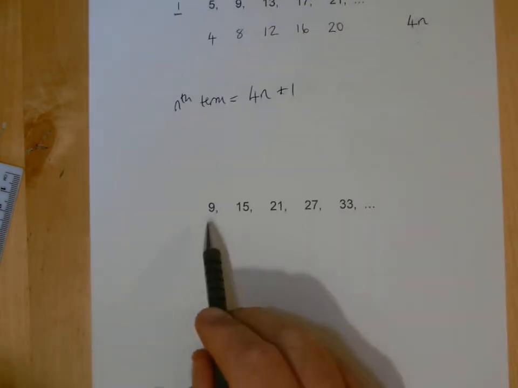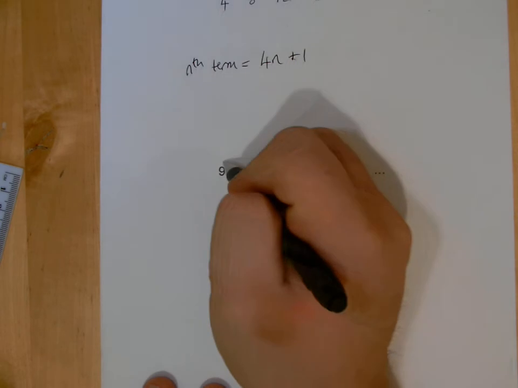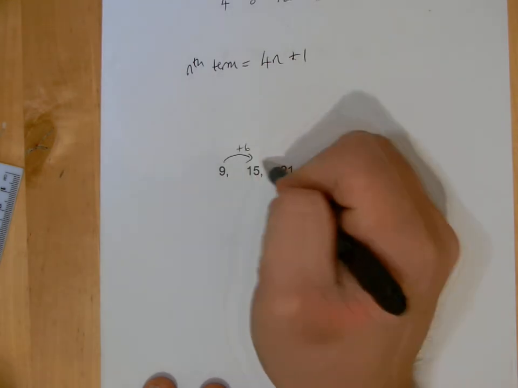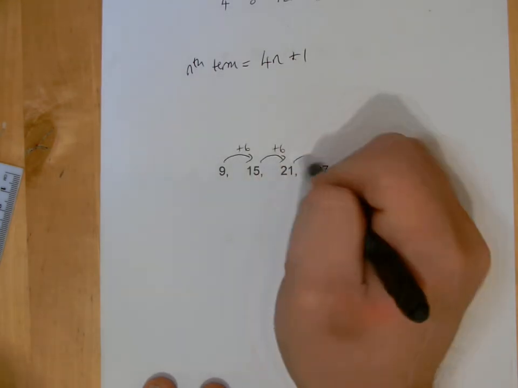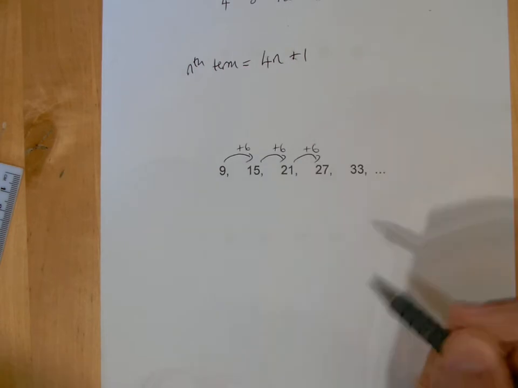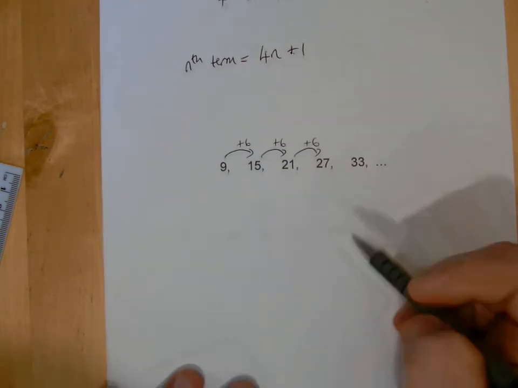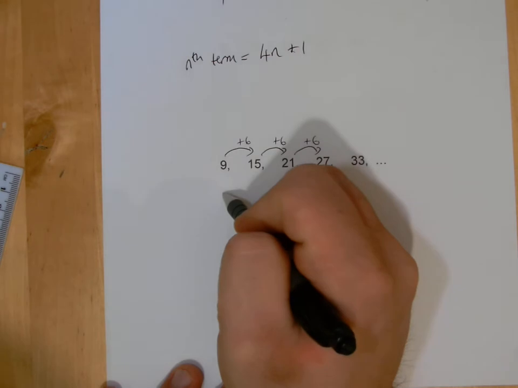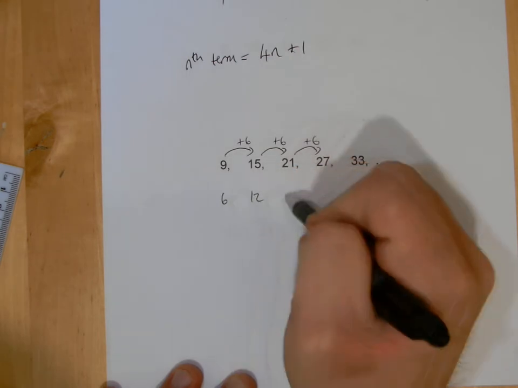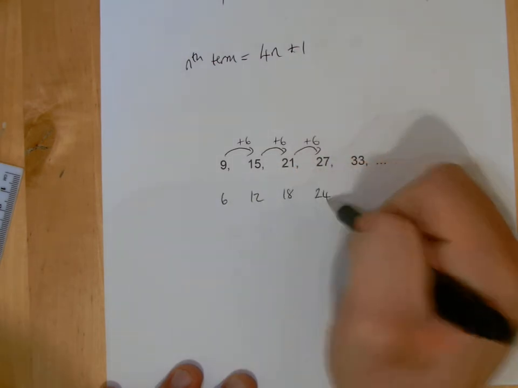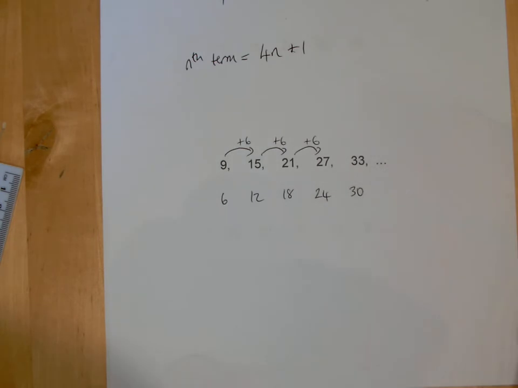With the next one, if you notice, this is going up by 6s, so we're adding on 6 each time. You get the idea, I don't have to do it all. So what I'm going to do is write the 6 times table out: 1 times 6, 2 times 6, 3 times 6, 4 times 6, and so on, 5 times 6.